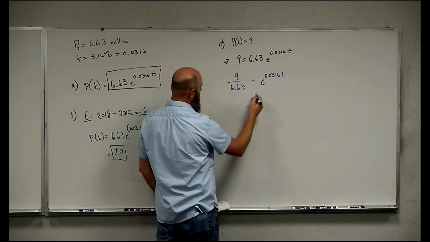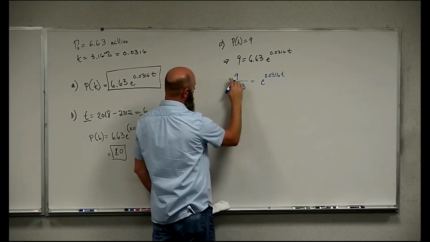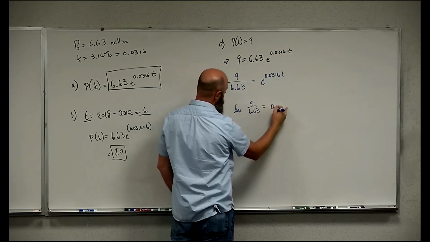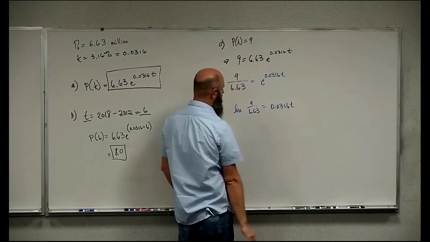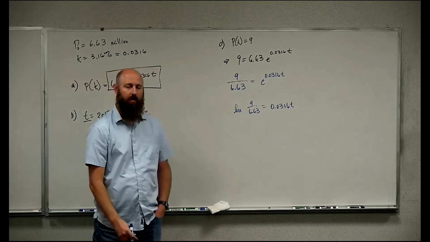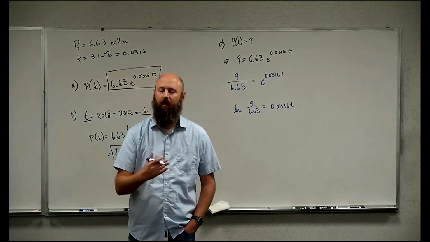And so that means that we're going to have log base E, which is ln, of this thing, 9 over 6.63 equals 0.0316 t. Okay, for those. So a couple of different ways you can do it. You'll see in my notes that I did ln on both sides.